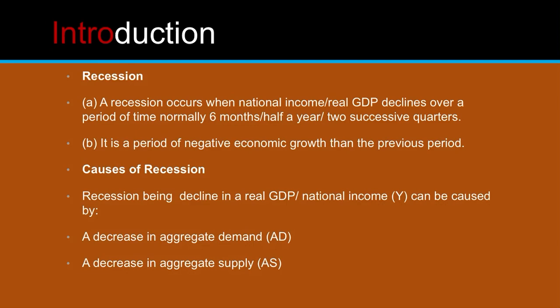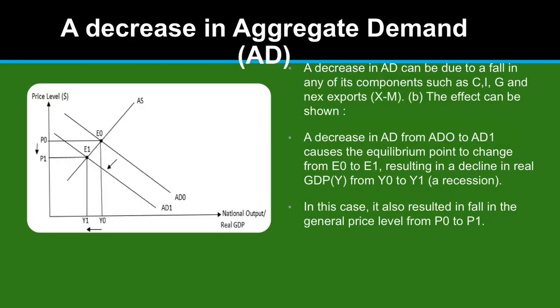Let's take a look at the first case, a decrease in aggregate demand. This is probably due to a reduction in consumption, investment, and government expenditure, or a deficit in net exports in the economy. This can lead to a decline in aggregate demand.